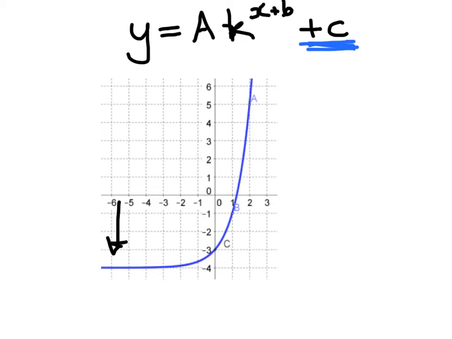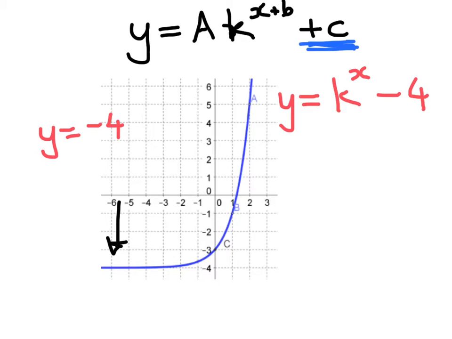So in this case we can see that the asymptote is at y equals -4. And that is my clue that this is an exponential graph that's been translated down 4. So what do we do next? Well, that means we're going to try figuring out this pattern here.